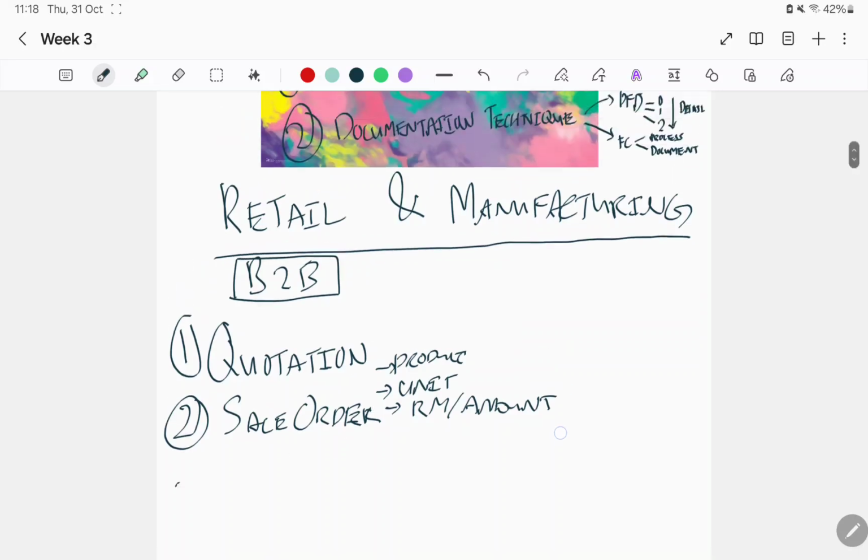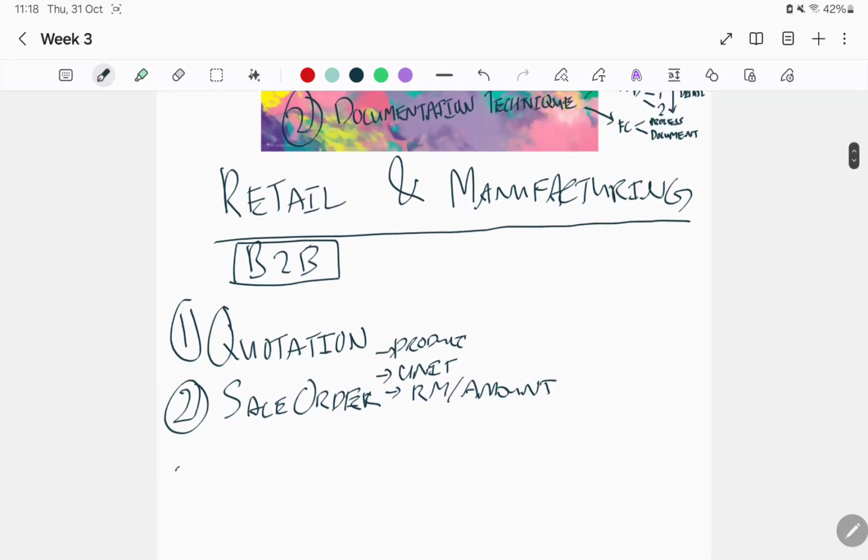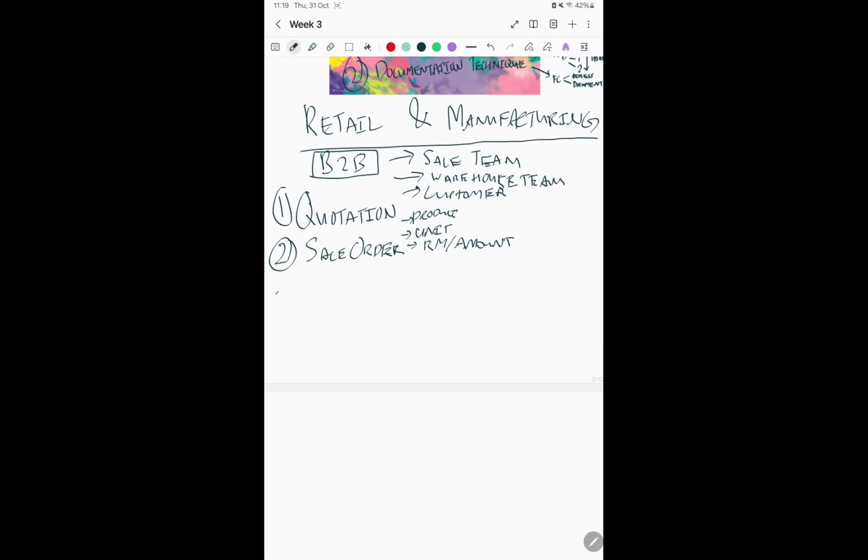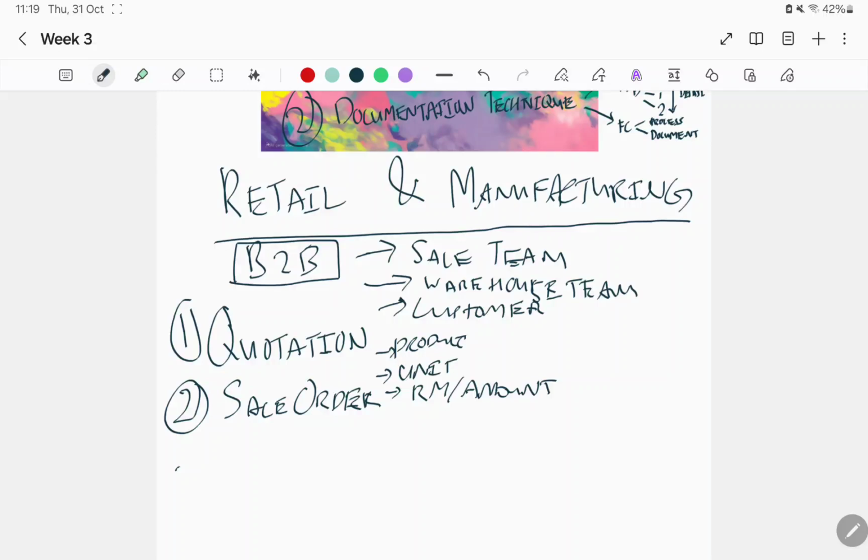In the revenue cycle, I would like to emphasize that we will have a sales team, a warehouse team, and then of course we have the customer. I'm listing down the potential entities or potential parties that are involved inside this cycle.